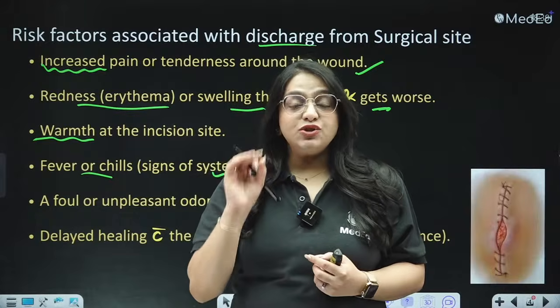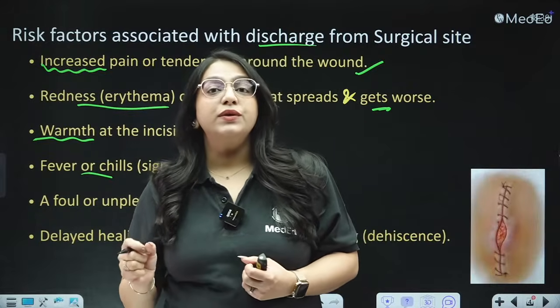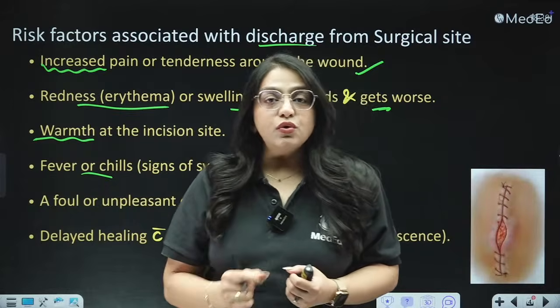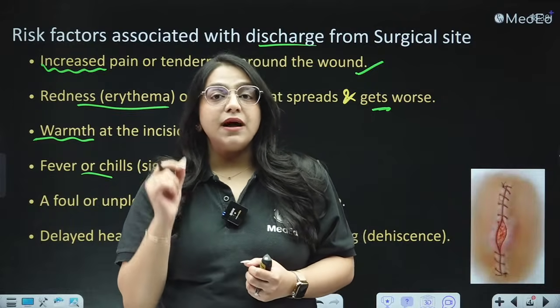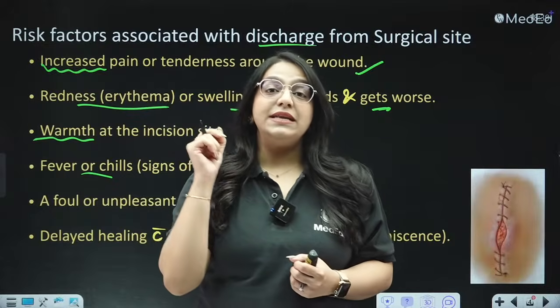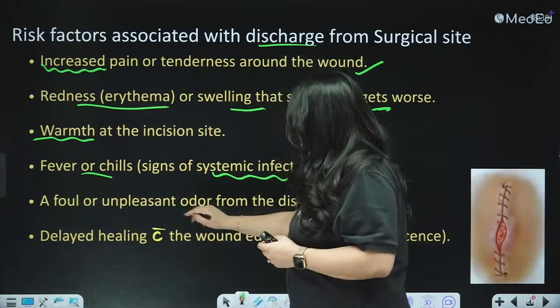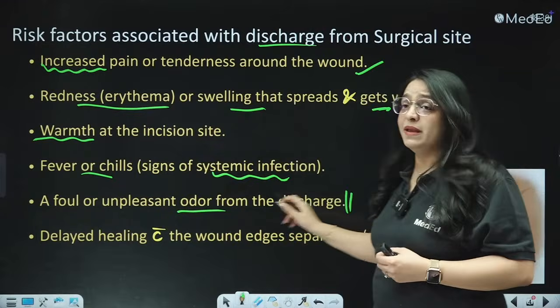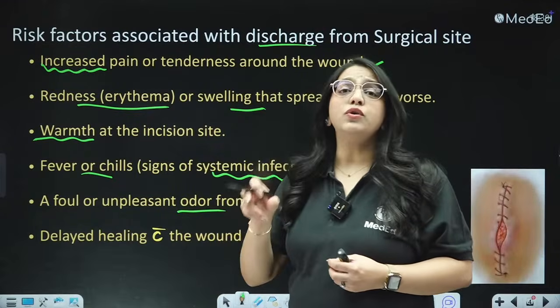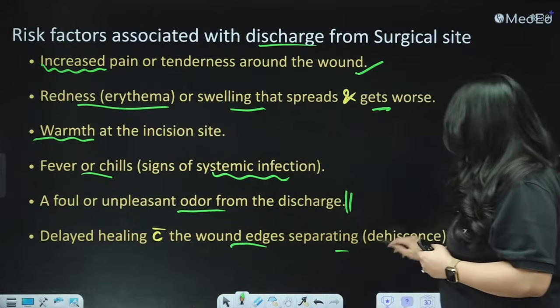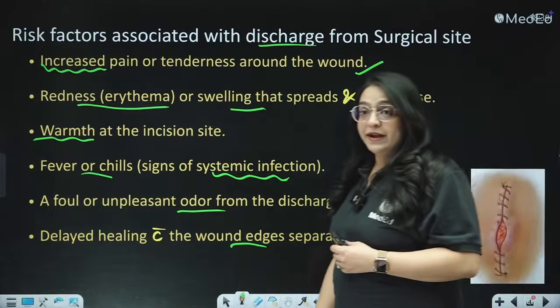So fever is actually a danger sign whenever we are dealing with a pus discharge from a surgical site, because then you know that this infection has now gone deep into the wound and deeper parts of the body now, right? A foul or unpleasant odor from the discharge is a very big sign of an acute bacterial infection, and delayed healing with wound edges separating, which is dehiscence, right?